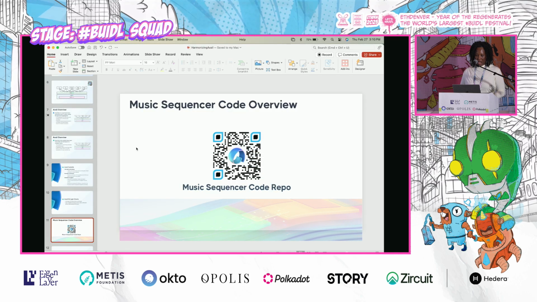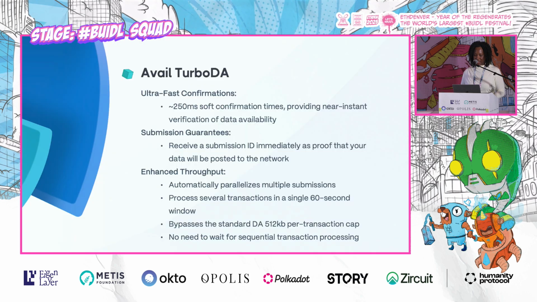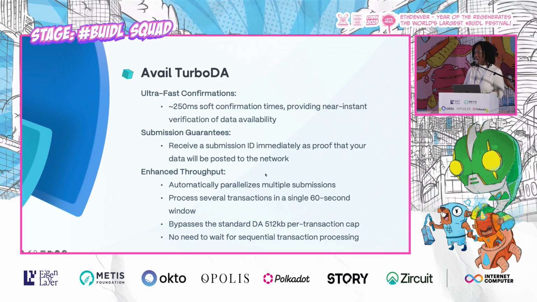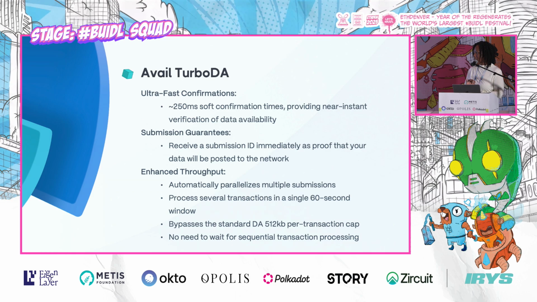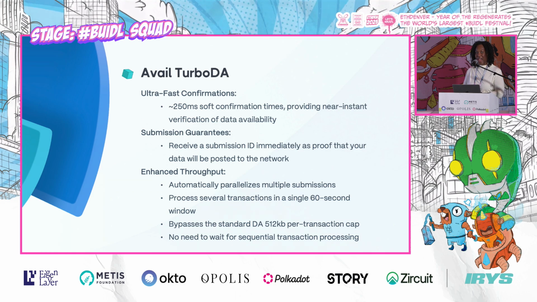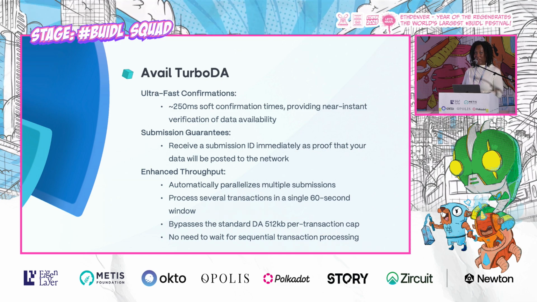Now, I did want to spend a little more time on Turbo DA since I do have more time, and talk to you more about what it offers. If you are a rollup or a developer, you're usually constrained by sequential posting, and that creates bottlenecks.